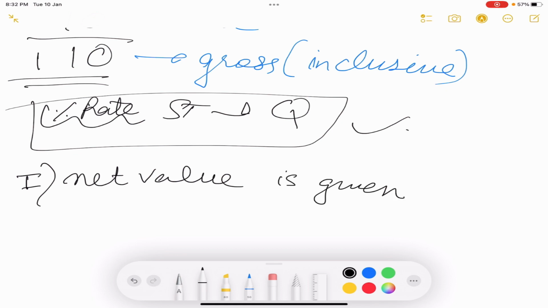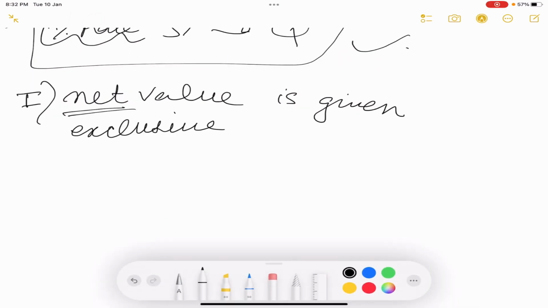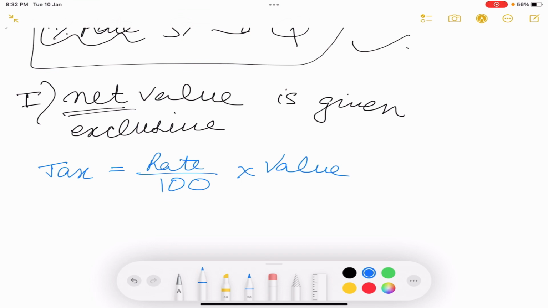Now what is net value? Net value is always exclusive, right? So if the exclusive value is given, how to find the tax? The tax is going to be rate upon 100 multiplied by the value. So rate upon 100 multiplied by the value will give you the tax in case the value is the net value.